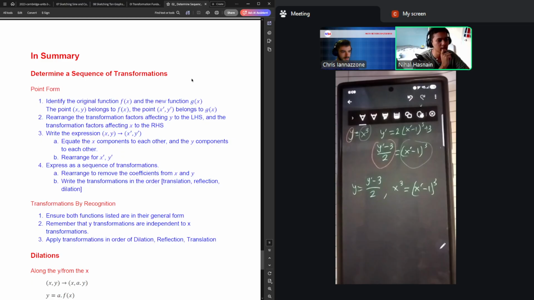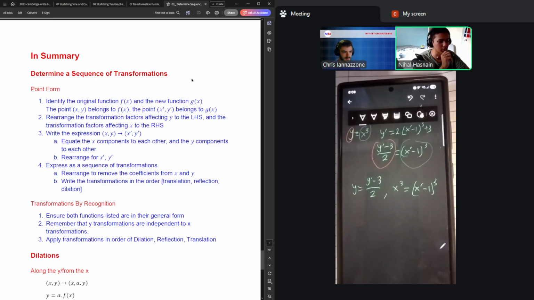Well, what have we done so far in step 3? What does it say? Equate the x component to each other and the y component to each other for A. Sounds pretty good to me. What do I do for B?